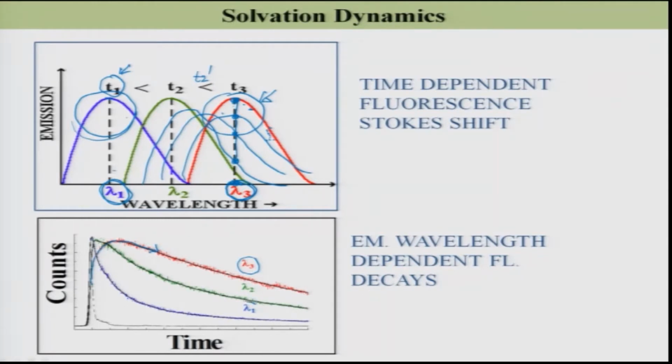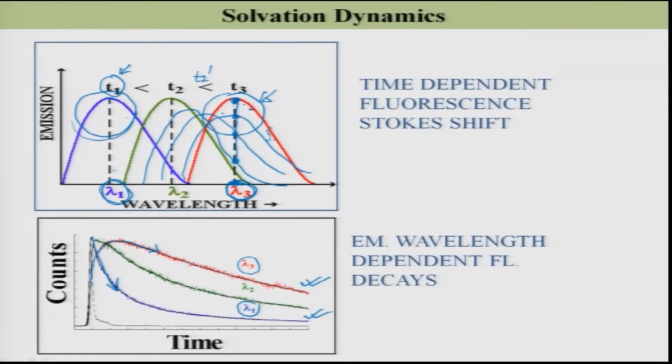On the other hand, if you see this lambda 1, from the beginning it started decreasing like this way. So, these graphs are nothing but fluorescence intensity versus time for different emission wavelengths.